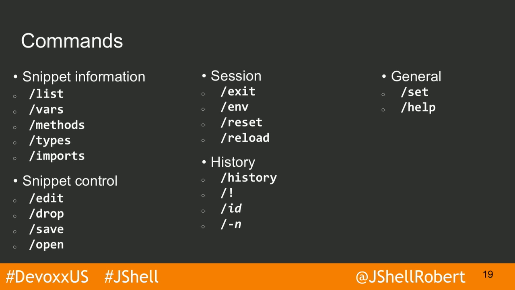You can drop it. You can save your set of snippets or your history. You can reopen them and have them reevaluated. Session things, well, you can exit. It's always good. And then the other three commands are for resetting the state, potentially with reloading.